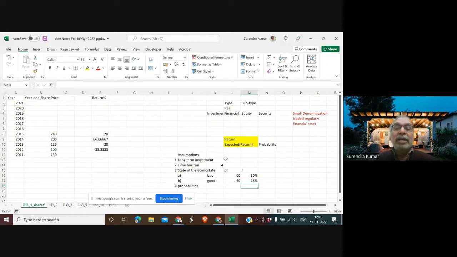So let's say, now I'm just completing this example, I have an investment of 1,000 rupees for 4 years, and my expected return, depending upon the state of the economy, is, so this R is nothing but EAR.